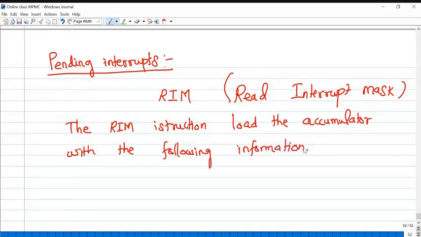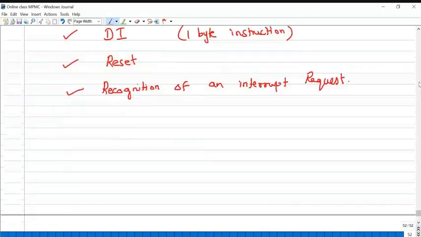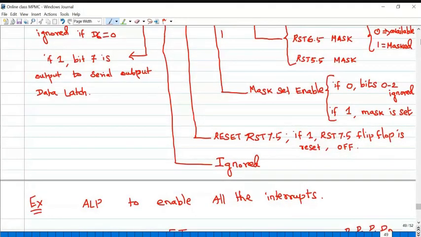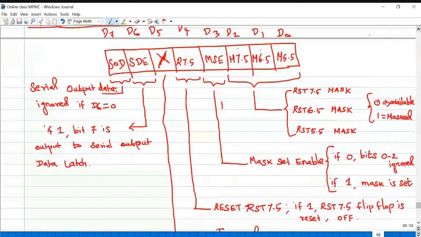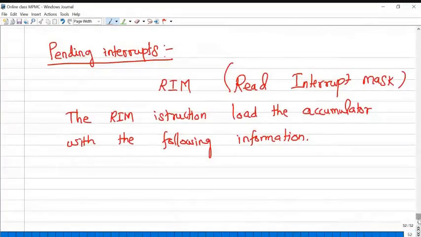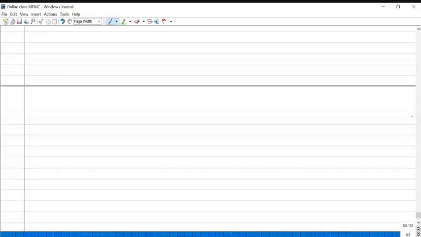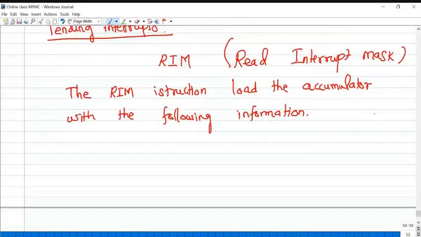Whenever you execute the SIM instruction, the microprocessor reads the accumulator data and, based on the bit position, performs various operations: masking or unmasking RST 5.5, 6.5, 7.5, resetting RST 7.5 manually, or enabling serial output data transmission. Like that, whenever you execute the RIM instruction, the processor will read the accumulator content and interpret some information.